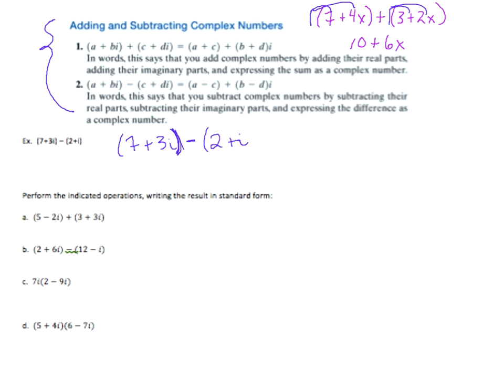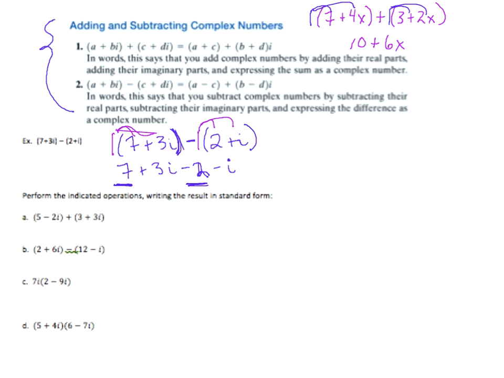There is an understood 1 that gets distributed there, and an understood negative 1 that gets distributed. So what I really have happening is 7 plus 3i minus 2, minus i.